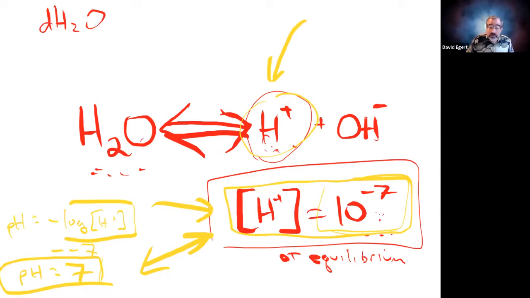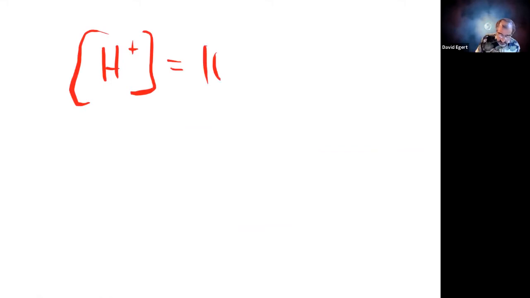If you increase the amount of hydrogens in the solution, and there's different ways you can do it, by adding acids, let's say I add enough H plus, so now, remember it was 10 to the minus 7, but let's say I'm making it 1,000 times more.